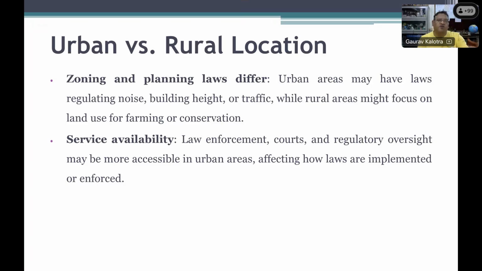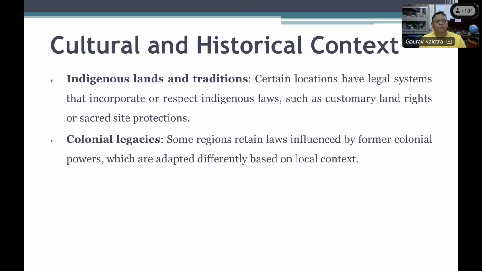So there is a difference between planning and laws for urban as well as rural areas. Then service availability, law enforcement, courts, and regulatory oversight may be more accessible in urban areas, affecting how laws are implemented or enforced. Then cultural and historical context, indigenous lands and traditions.